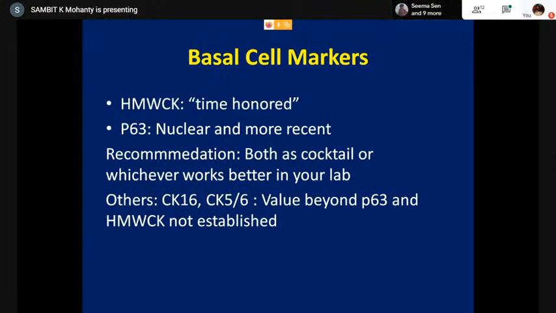The time-honored marker is HMWCK or high molecular weight cytokeratin, or we say CK903 beta, 34 beta E12, CK14, CK5/6. These are all basal cell markers. P40 is another basal cell marker. P63 is a nuclear marker. Recommendation is to use both as a cocktail, one will stay in the nucleus and one will stay in the cytoplasmic membrane.